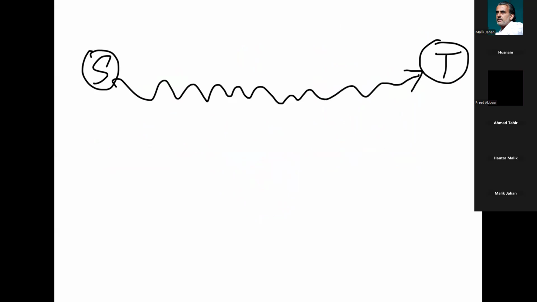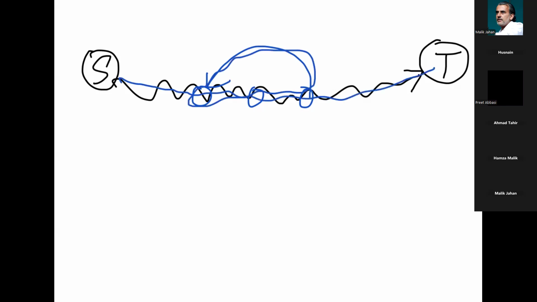Because this is a walk, this tilted curve shows that there could be many intermediate vertices. One possibility is that there were some vertices, and because this is a walk, repetition is allowed. So we might have taken some repetitions from some intermediate vertices. We might have gone this way, gone back and went forward, or gone back, forward and back again and again, and using some loops in between.